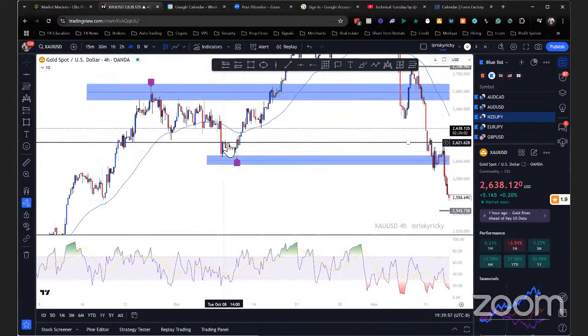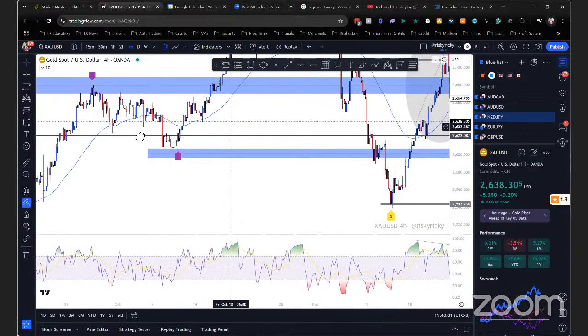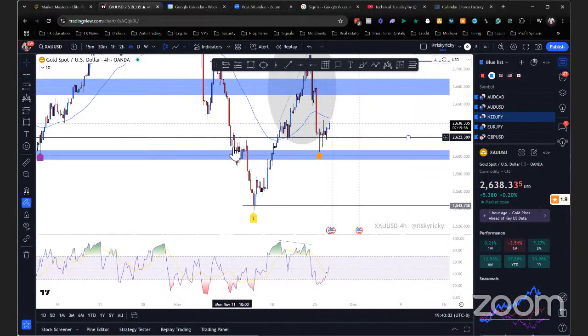So this area here, it touched and rejected, a pretty strong area of resistance there, I would say. Same with here, it came down, hit resistance there. Here, it broke above, hit support there. And then right now, it's hitting support. Lots of wicks dropped down here, and now it's showing that it's pushing up.